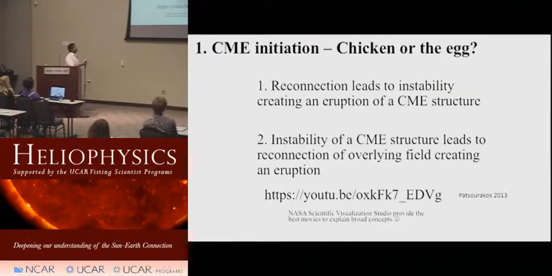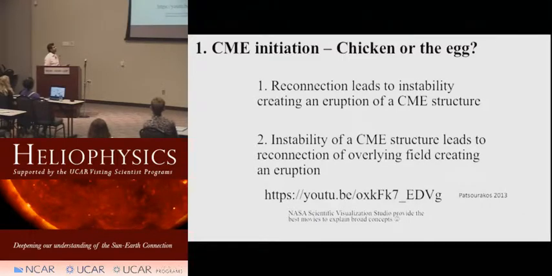So while this was one movie showing the structure forming with the CME structure starting first, there are two variants of how these objects erupt. The idea is, does the reconnection that we start with lead to instability that then creates the eruption of the CME structure?